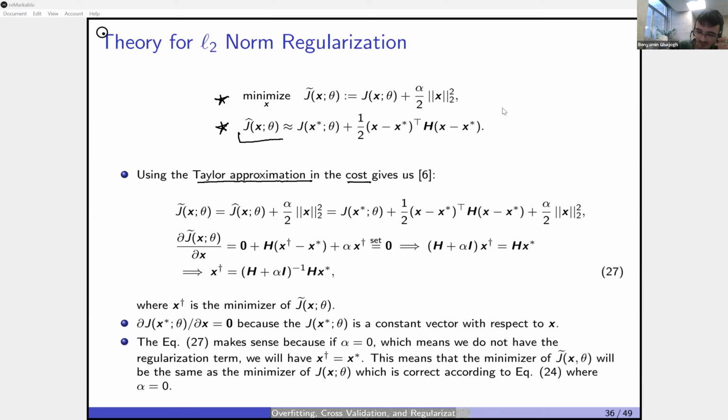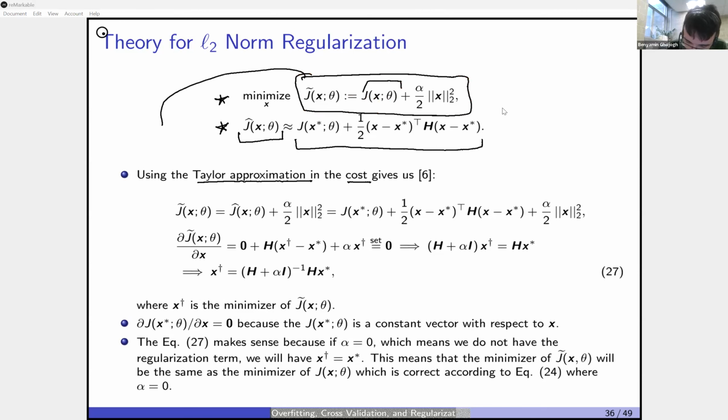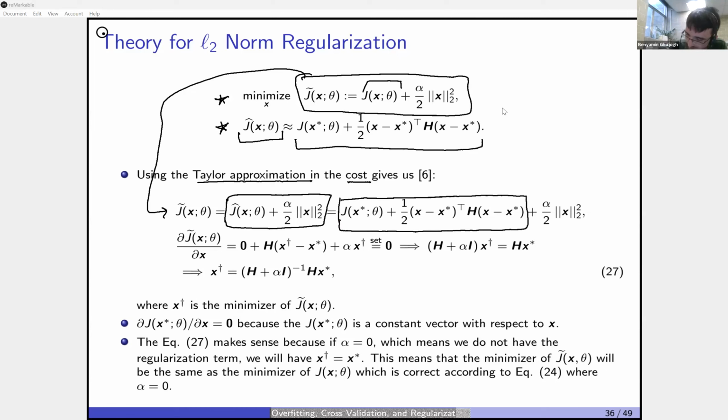So here, this J hat is a Taylor series approximation for J. Let's replace this J with its Taylor series approximation. I'm repeating this here. This is J tilde, right? Now replace J hat by its Taylor series expansion, which is this. And we have some regularization term too.